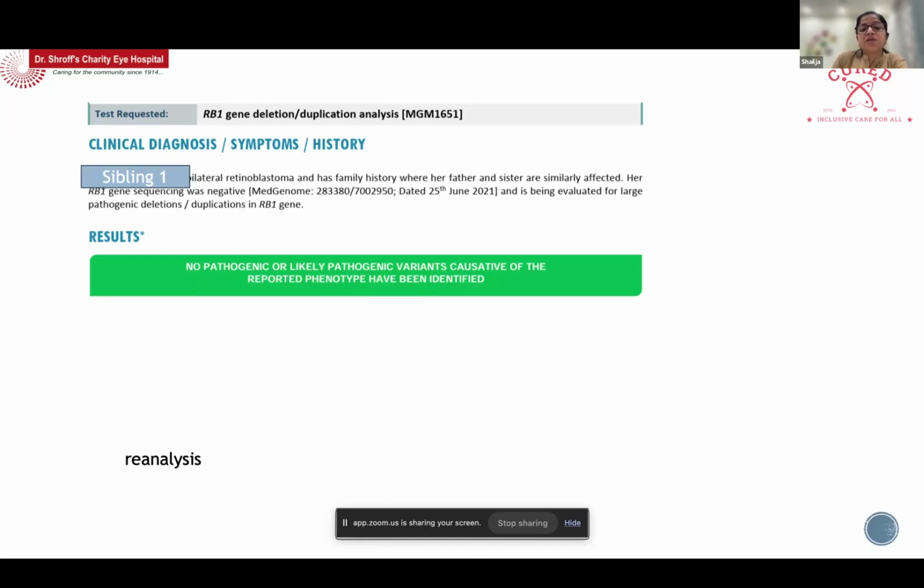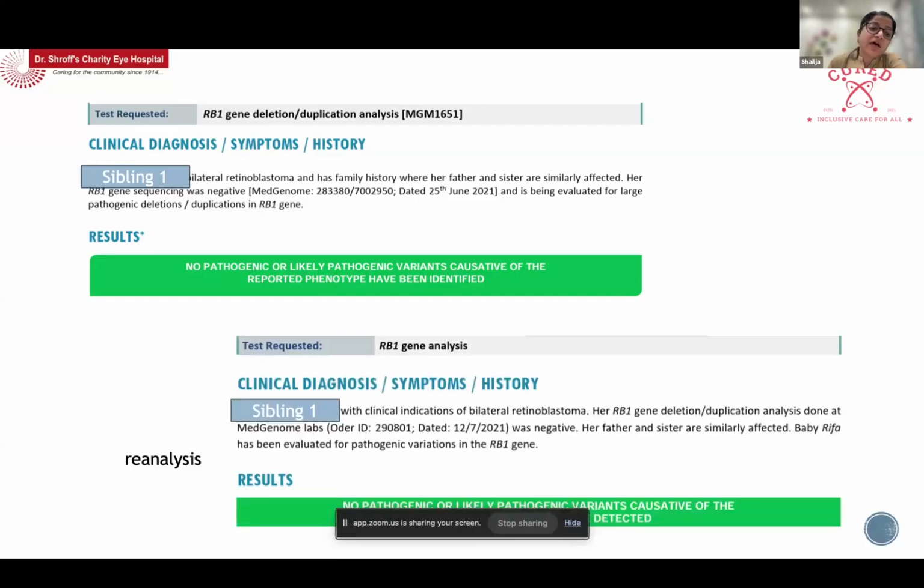So we thought maybe it's a deletion or duplication, which is missed by RB1 gene sequencing. So we ordered an MLPA, which is RB1 gene deletion duplication analysis, and surprisingly, that was also negative. We sent the patient's sample for reanalysis, asking the lab, please check it again.